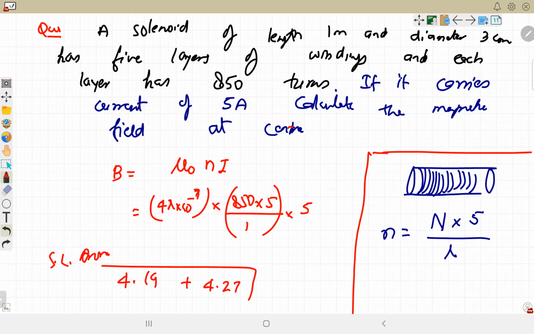One is on Biot-Savart law, another is on Ampere's law. Solve these two exercises if possible by tomorrow. Tomorrow we can discuss the doubts from here. Right? Okay.